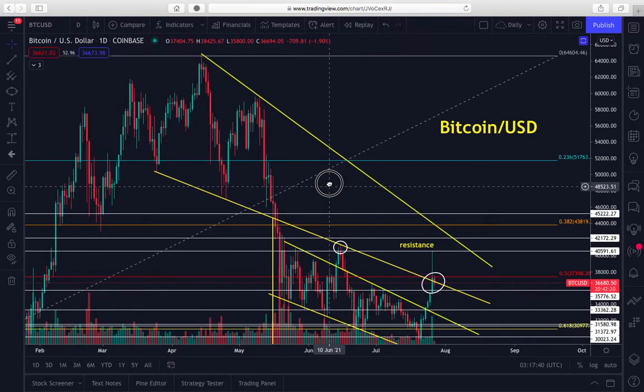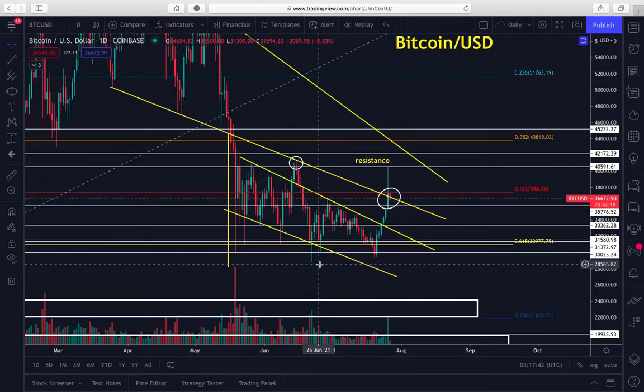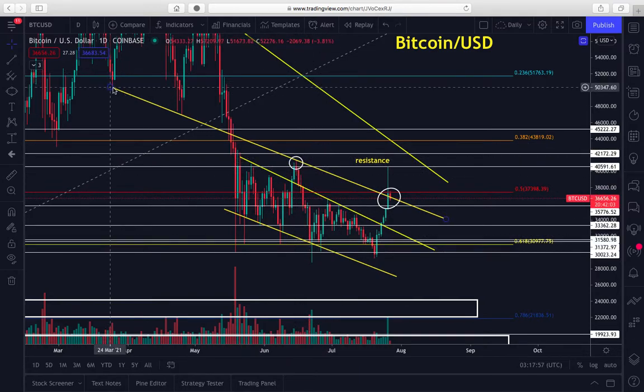So that's where this wick kind of came from. Now we can see this is a valid descending wedge, and we have a descending channel, almost a descending wedge here, depending on how you want to draw this. Got our bearish retest, so this is our lower trend line. Our upper trend line, lower trend line. We have a lower trend line, got a bearish retest.